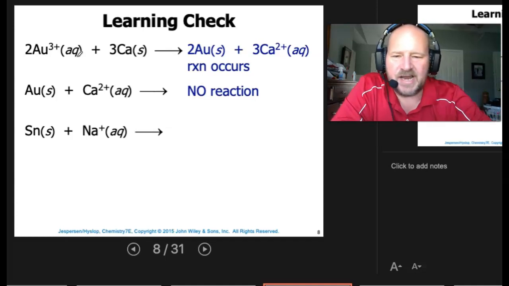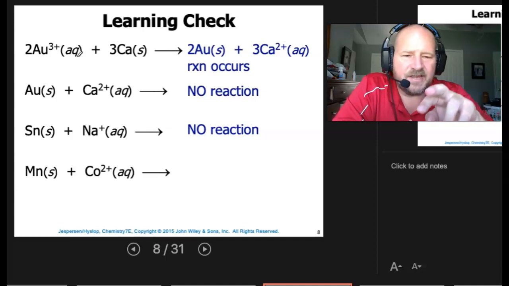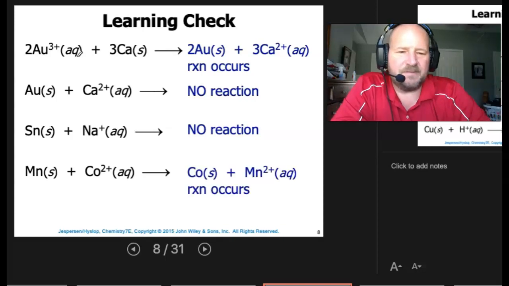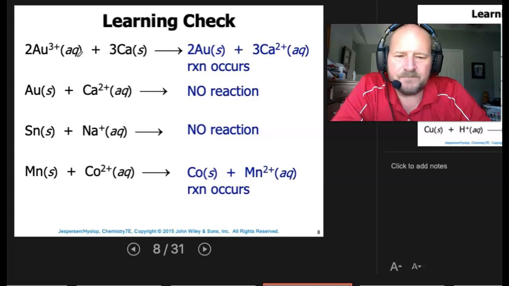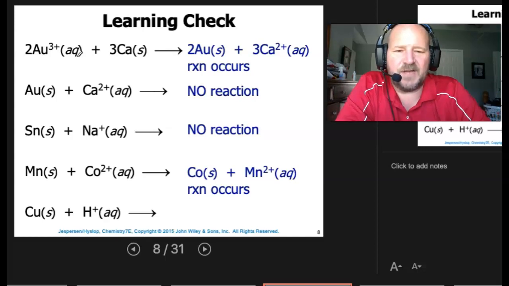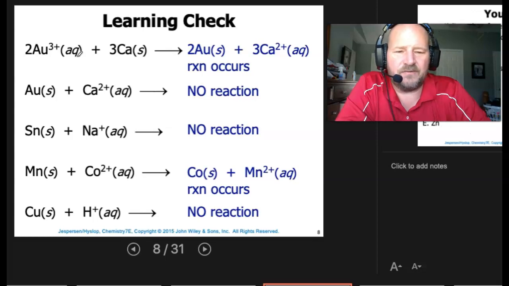Again, the arrow is pointing down, and so we'll get no reaction. If I take manganese and cobalt, here now you can see that that arrow should be pointing up, and so we'll get the reaction of cobalt solid and manganese ion. Last but not least, again, if we take copper and we see that it reacts with H+, the arrow is pointing just slightly down, but still down nonetheless, and so that's going to be no reaction.